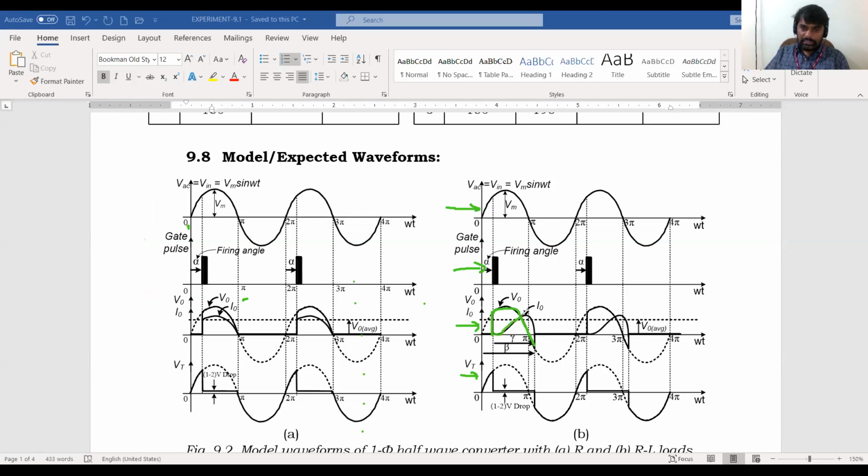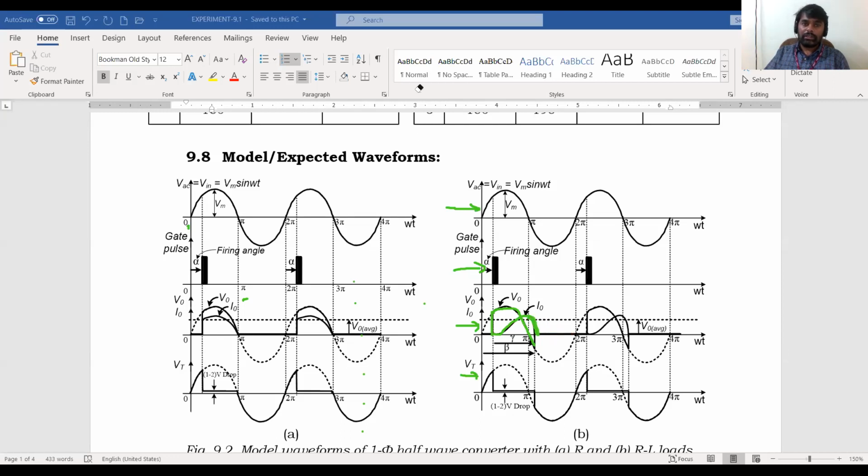So it lags the voltage, charges, and thereafter discharges. This discharging instant depends upon the value of the inductor. If you increase the inductor value, the discharging will take place at a later point. That depends upon the value of the inductor you are using.